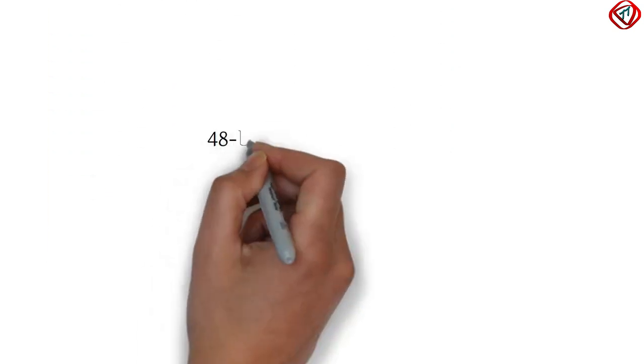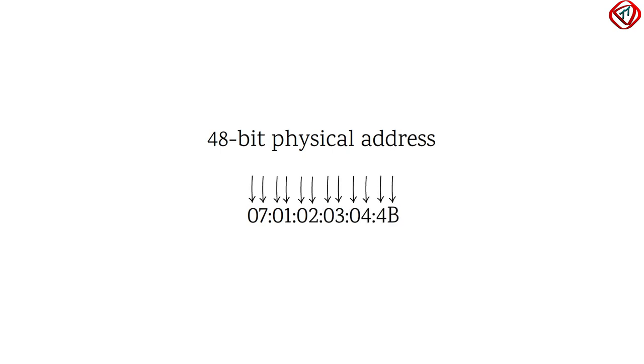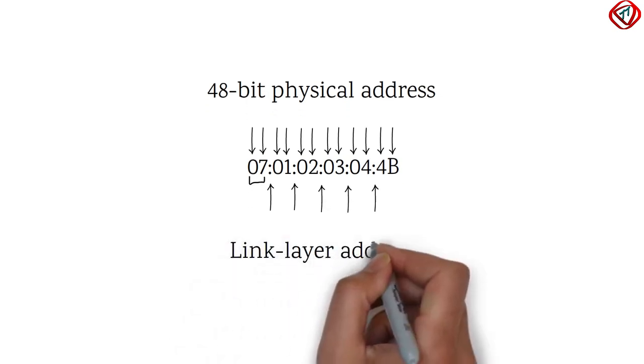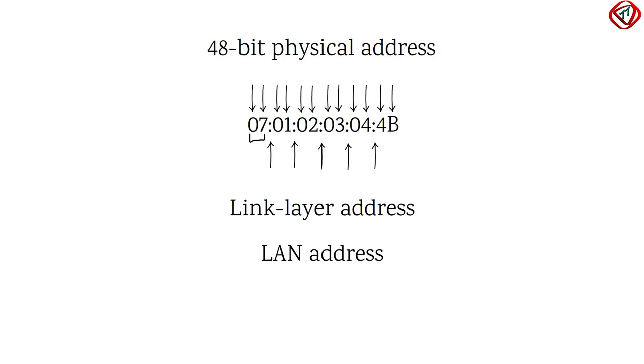Most Ethernet uses a 48-bit physical address written in the form of 12 hexadecimal numbers where each byte is separated by colons. It is also called link layer address or LAN address or MAC address.